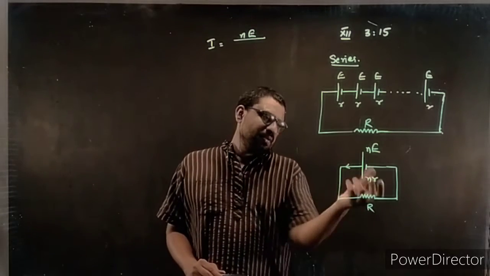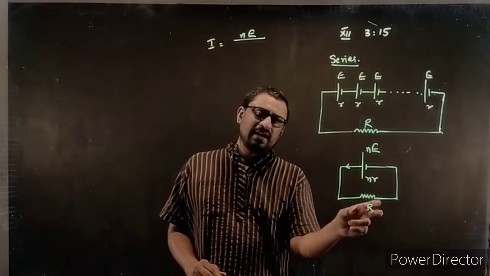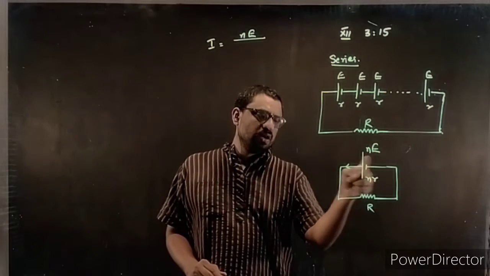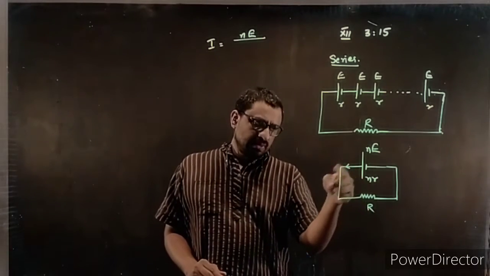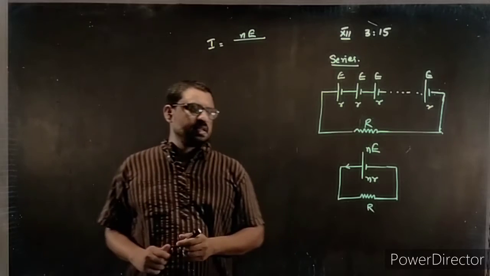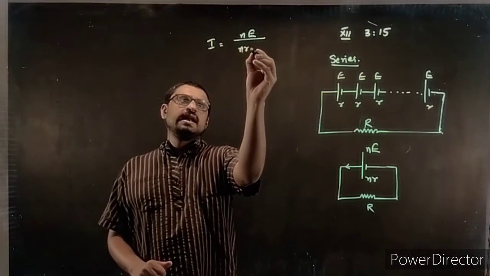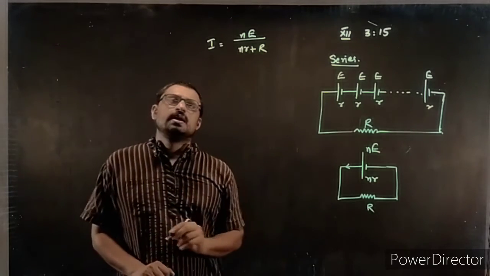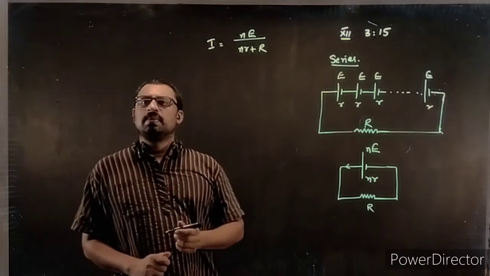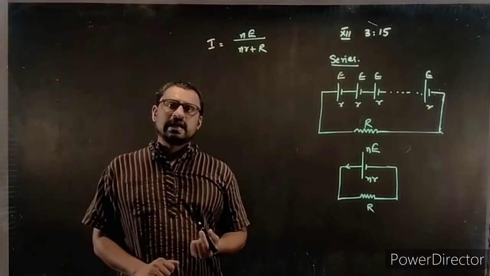It's not parallel, even though they may be drawn that way. The same current flows through both, so we say it is series. The effective resistance will be nr plus R. So I equals nE divided by nr plus R. This is the equation for the current.